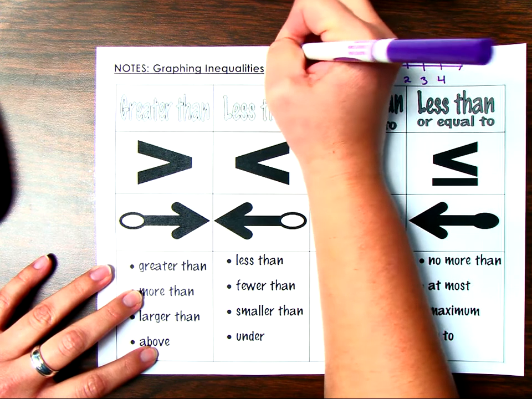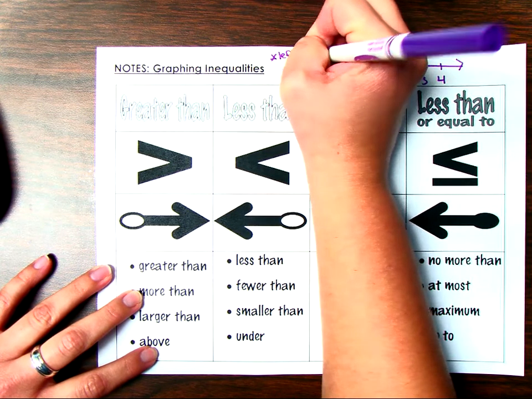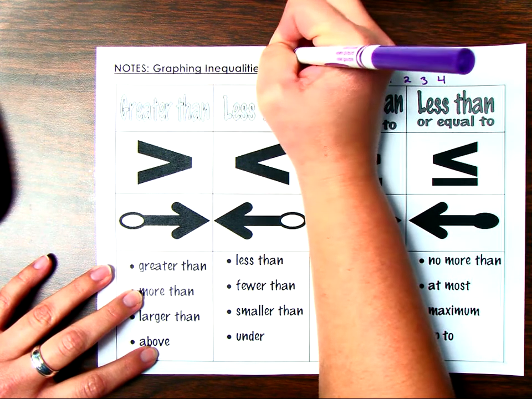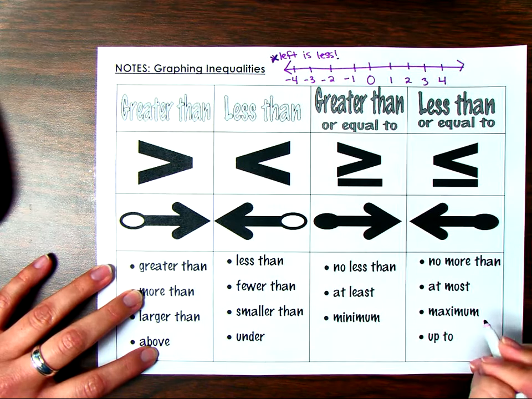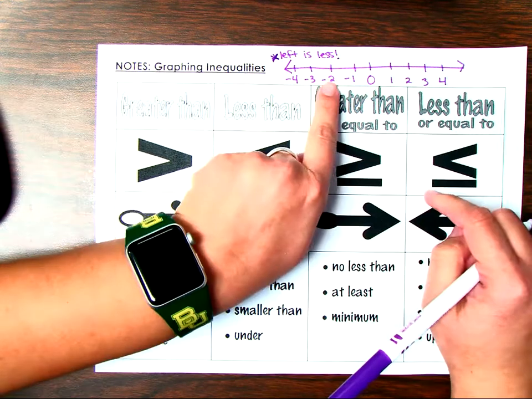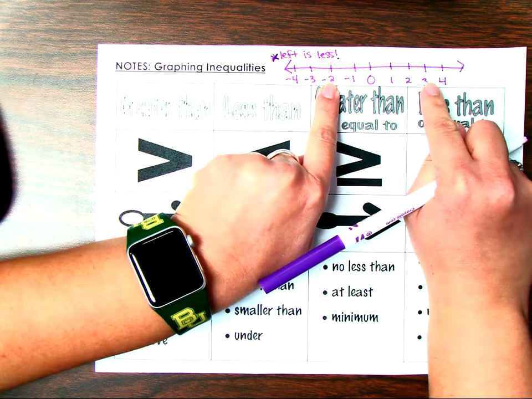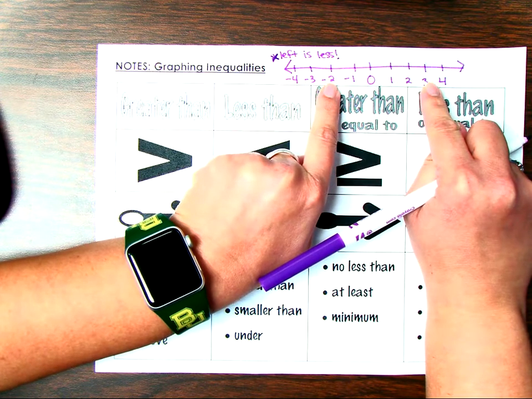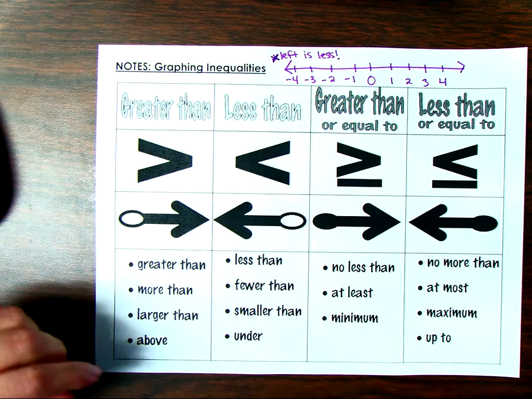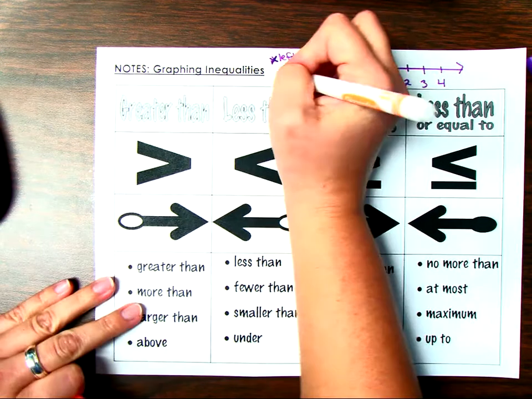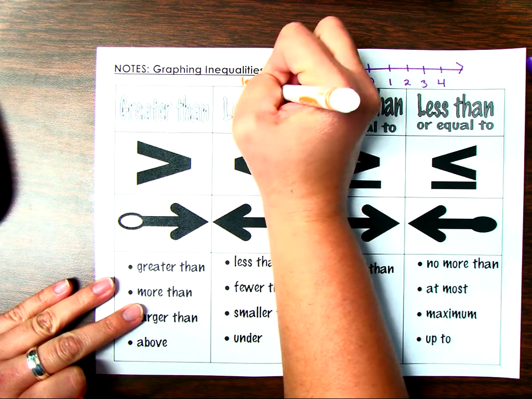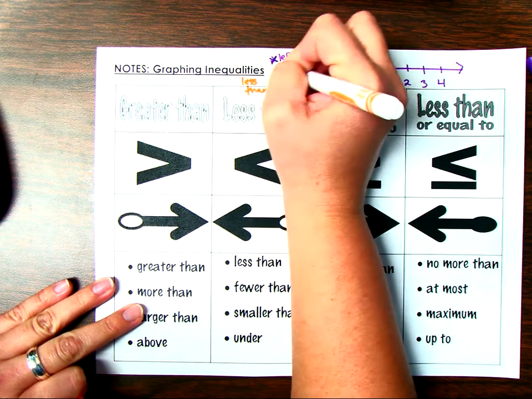An important note I want you to remember is that left is less. The further you are to the left on the number line, no matter where you are, you're going to be less than any number to the right. For example, -2 is less than +3 because it's further to the left. The other thing a lot of students don't realize is that this is the less than sign, see how it's pointing like that?